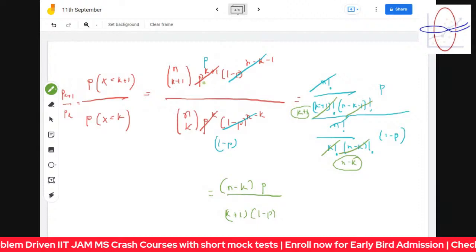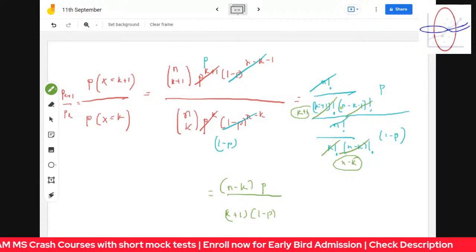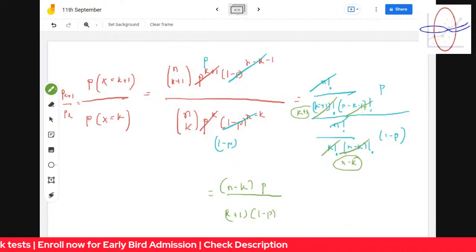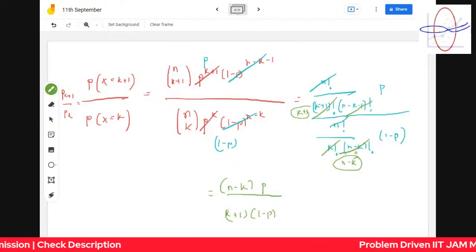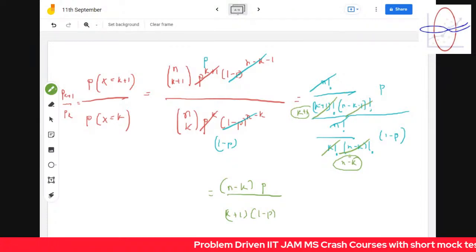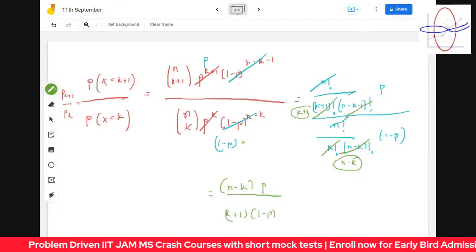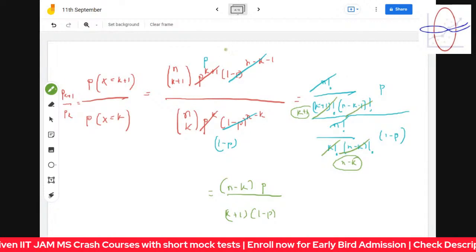N choose k plus 1 is n factorial by (k plus 1) factorial by (n minus k minus 1) factorial. N factorial gets cancelled, this goes upper, this goes lower, and 1 minus p is over here. I think it's correct.